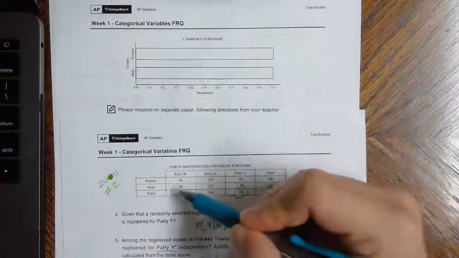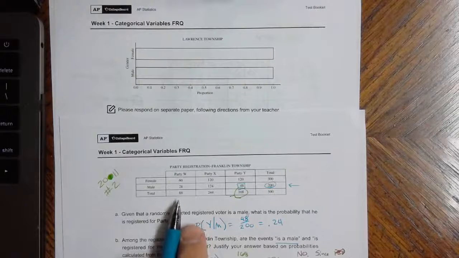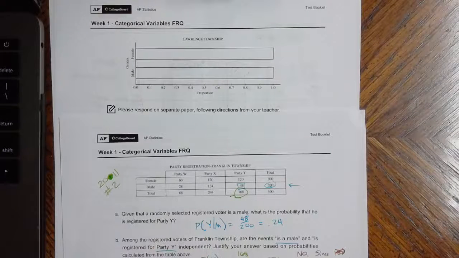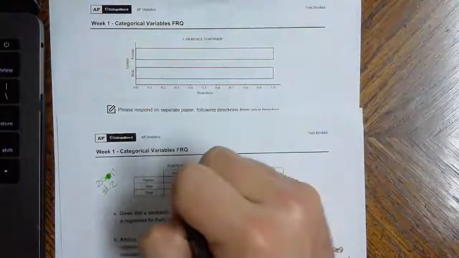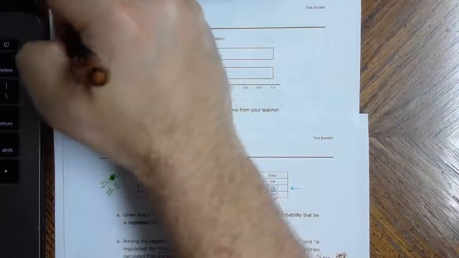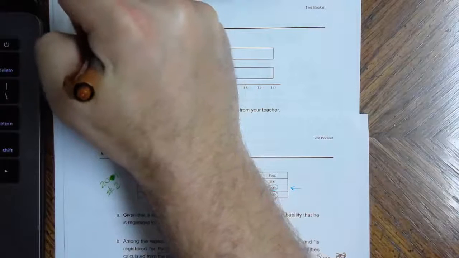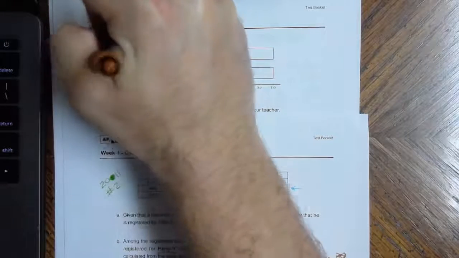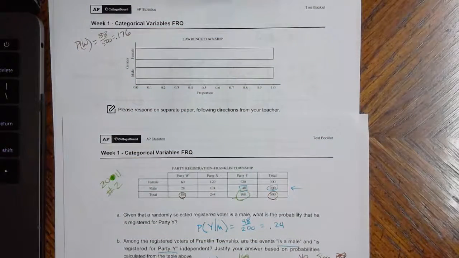So you can ignore these gender breakdowns and just look at the totals. In Franklin Township, party W is 88 out of 500, which is almost 17.6%.